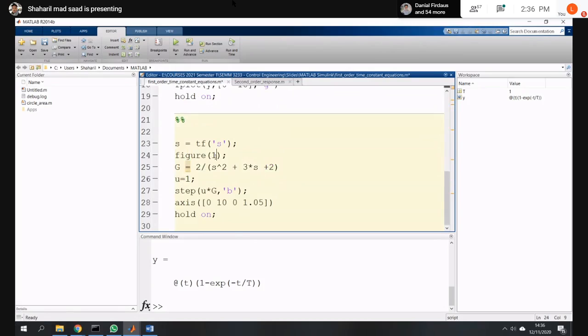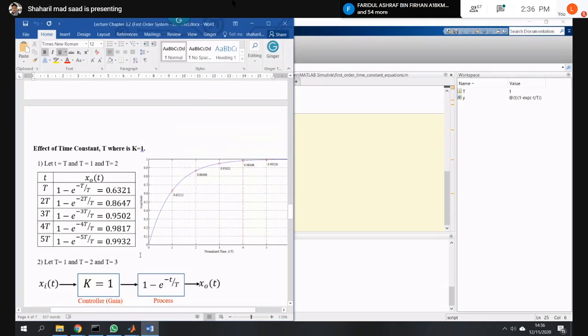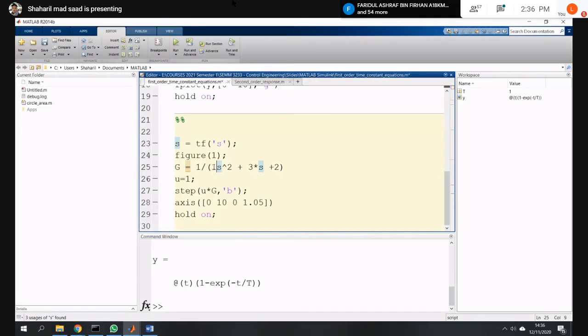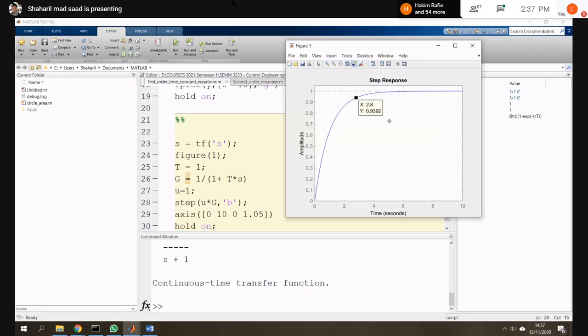Figure 1: the equation is 1 over 1 plus T times s. And then we can put T equal to 1. Then can we get the same equation? I also forgot about it. Okay, so this is the first order term.